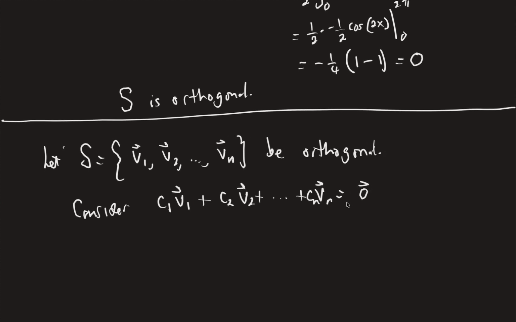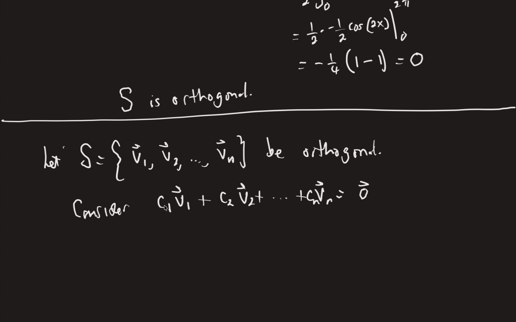All right. So if we want to conclude that once we know the set is orthogonal, it has to be linearly independent, here's our goal: we have to show that each of these coefficients has to be 0. In other words, this homogeneous equation has only the trivial solution, and then we can conclude that our set is linearly independent. So how would we do that?